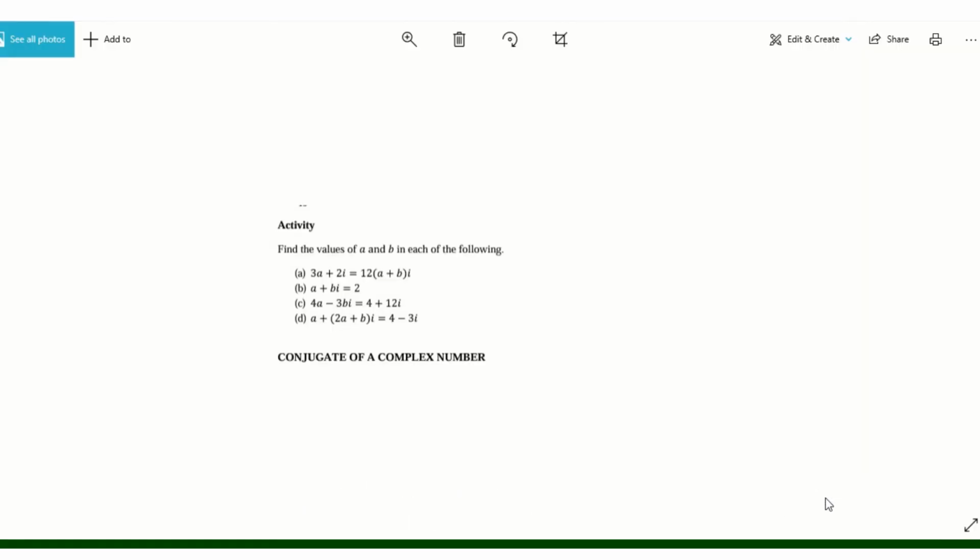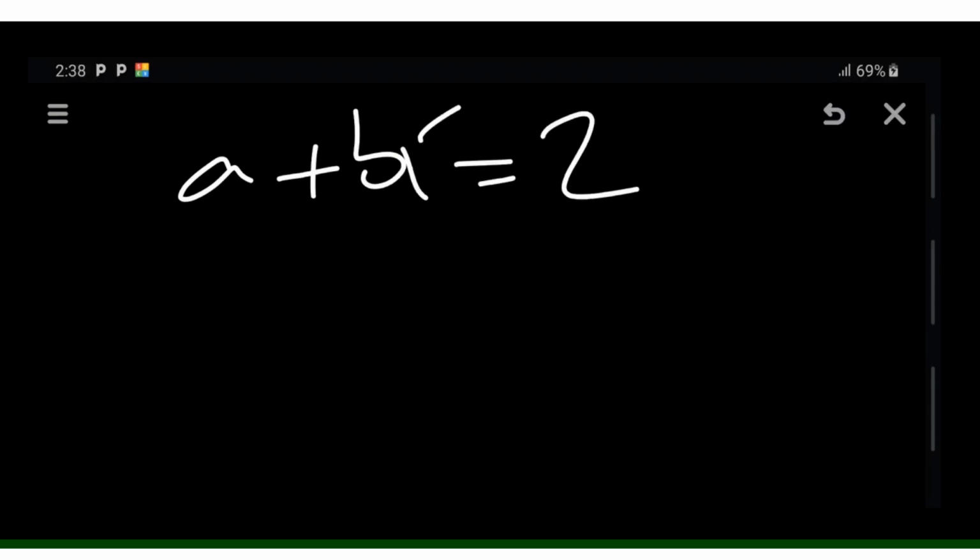Now we go to b. Our b is just a plus bi is equal to 2. So you need to show your imaginary part. This is my real part. Now the imaginary part is not there, so I just put 2 plus 0i.